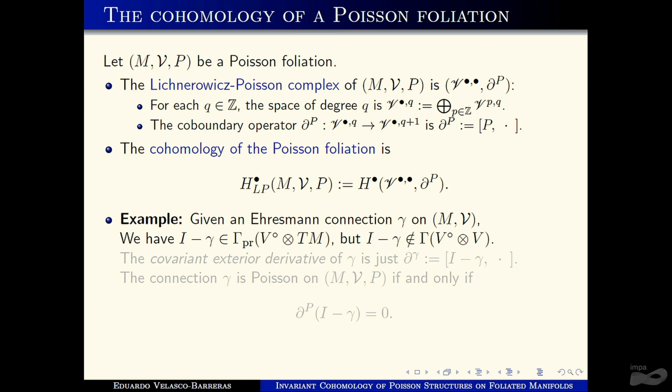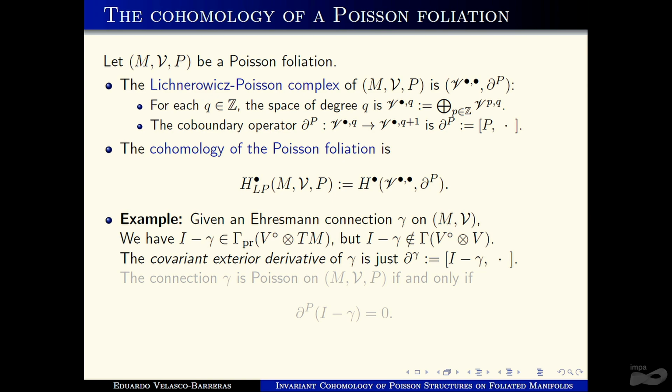And a side remark is that the covariant derivative of the Ehresmann connection, which is a very well-known operator, can be simply described in this formalism as the adjoint of this element of this new B-graded algebra.